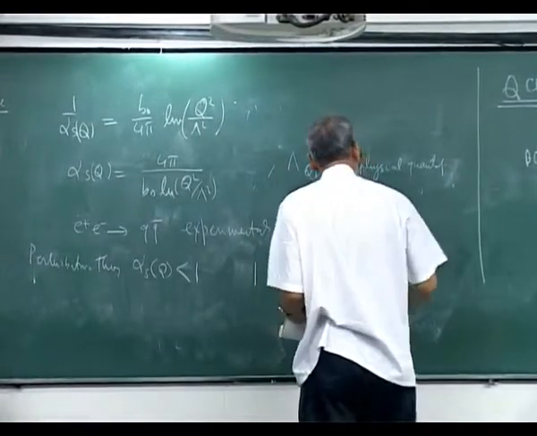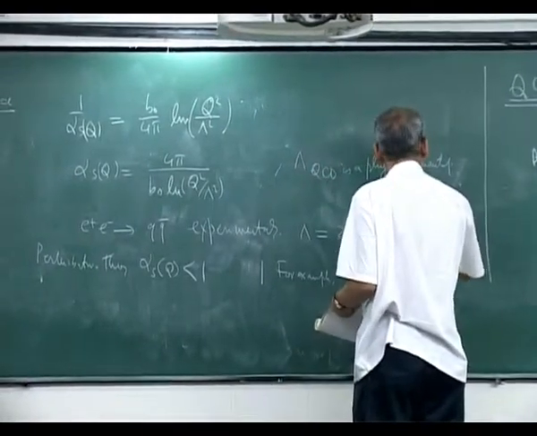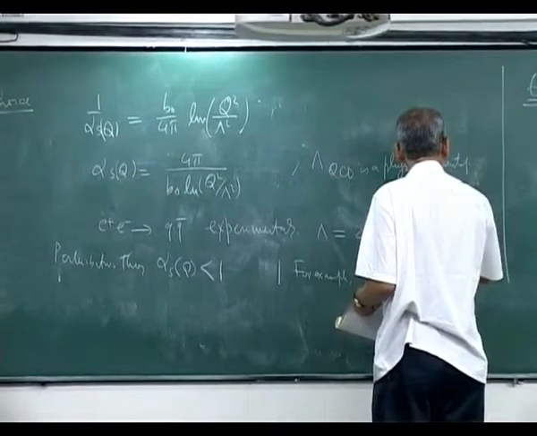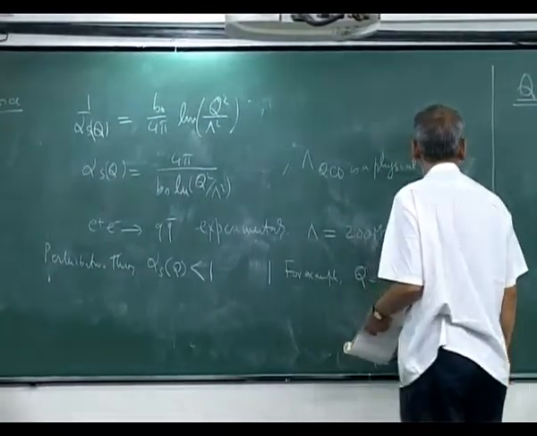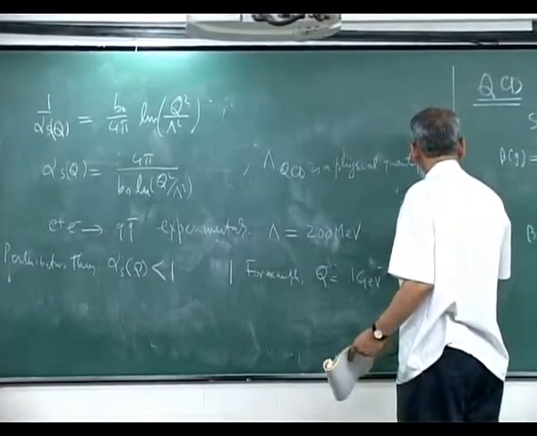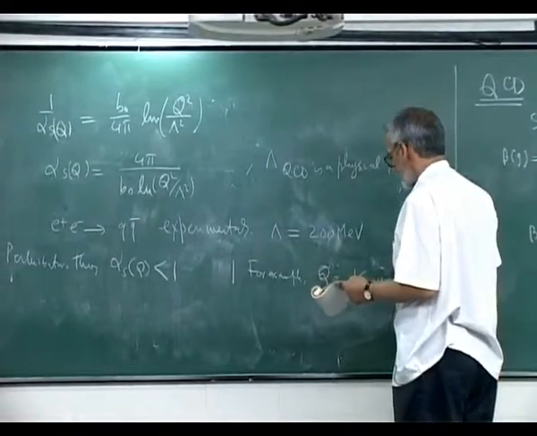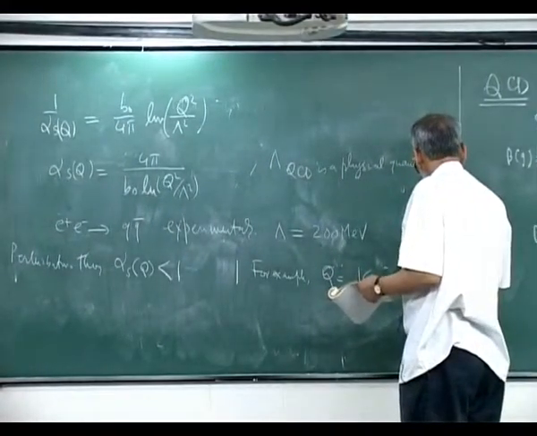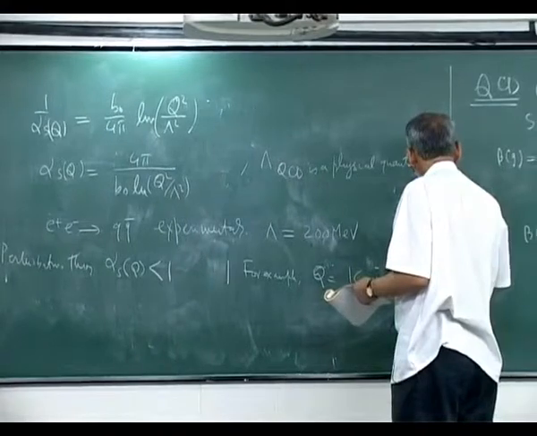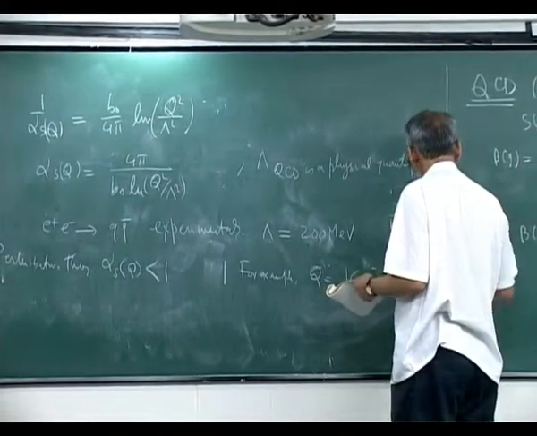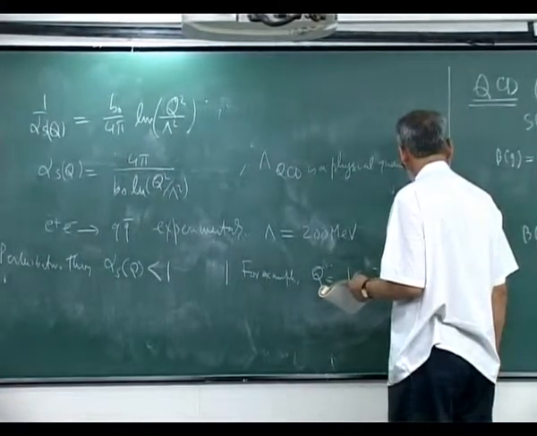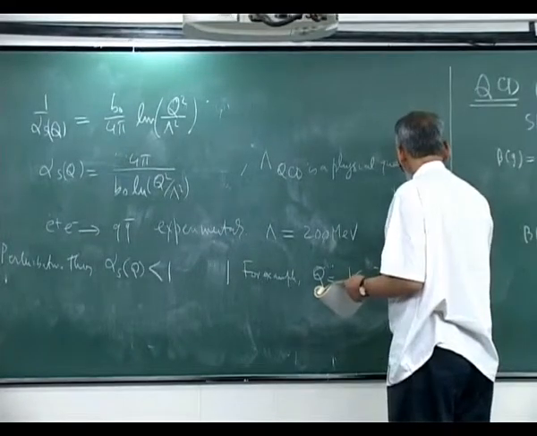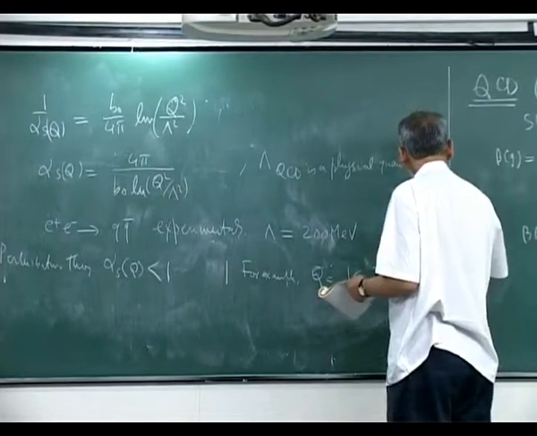Q is 1 GeV, which means 1000 MeV divided by 200 is 5. So Q squared over lambda squared is 5 squared, and log of Q squared over lambda squared is 2 log 5.